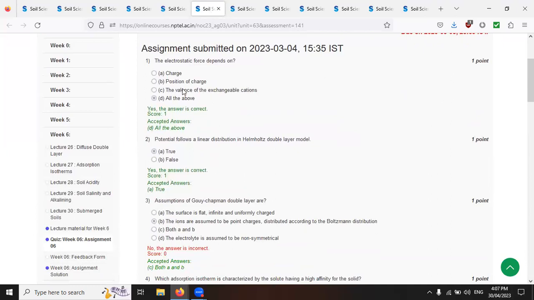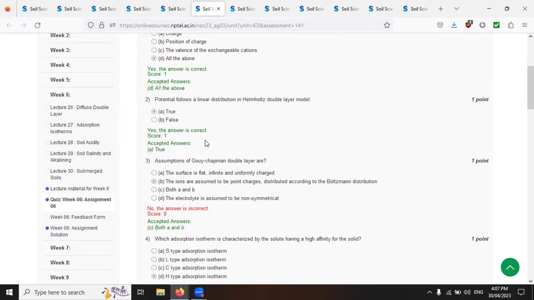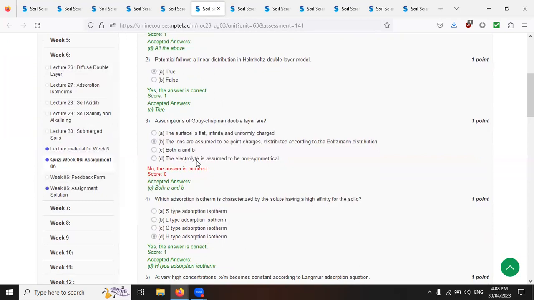The electrostatic force depends on the charge, persistent charge, or the valency of the cations. It's all of them. Potential follows a linear distribution of the Helmholtz double layers. It's true. Assumption of the Gouy-Chapman double layer is the surface is flat and the ions are assumed to be a point of charge. Which adsorption isotherm is characterized by a solid having a high affinity for a solid?